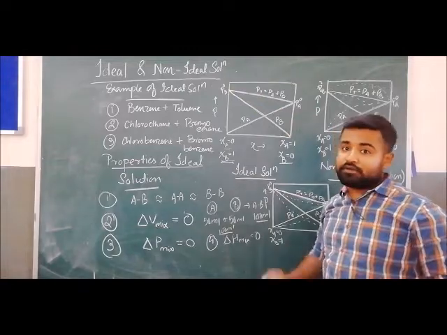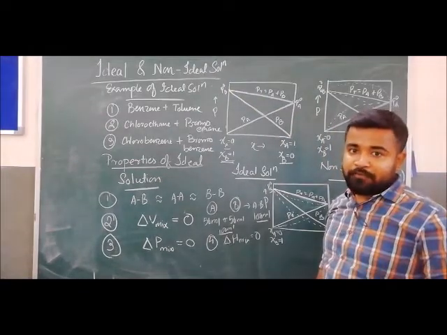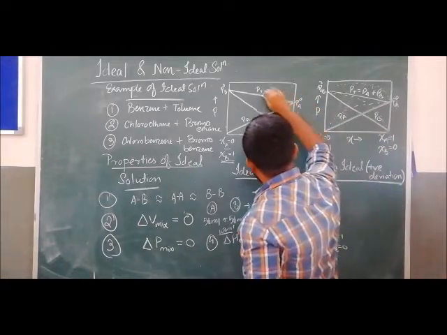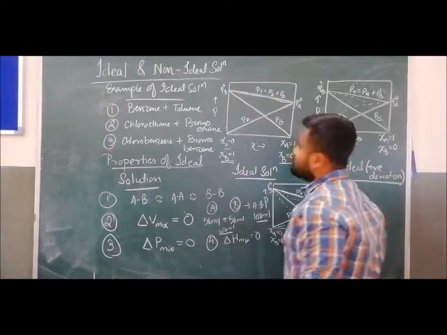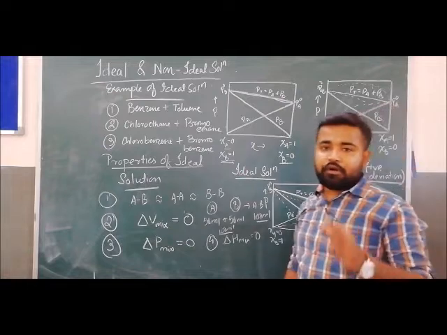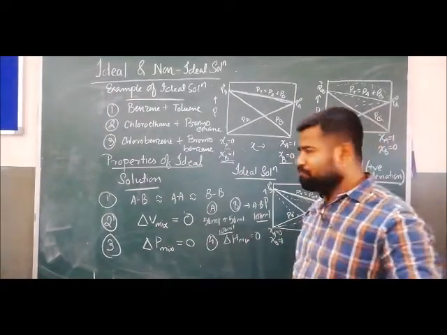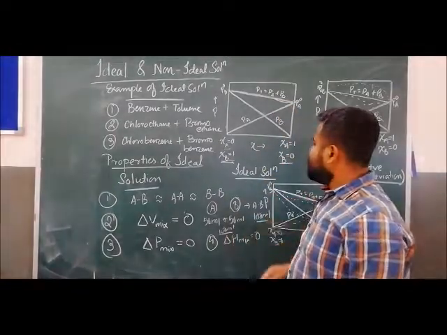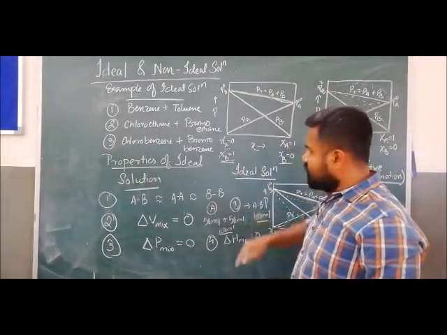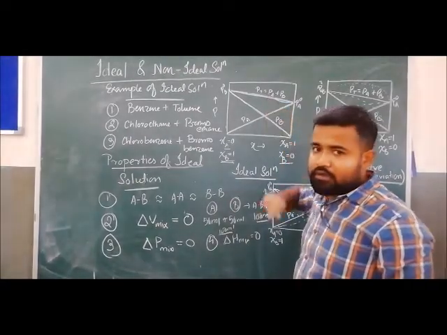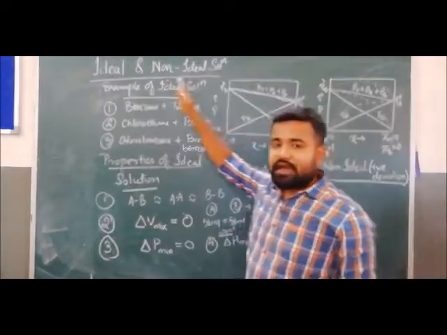This is according to Raoult's law. And this is the P total, that is the summation of the vapor pressures of component A and component B. So the solution which follows this graph of Raoult's law is called an ideal solution.